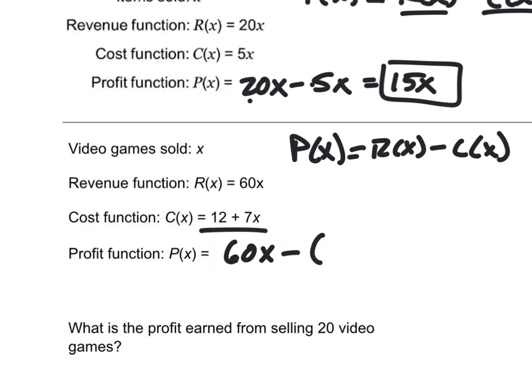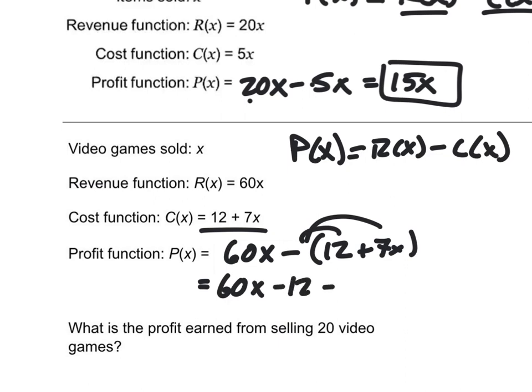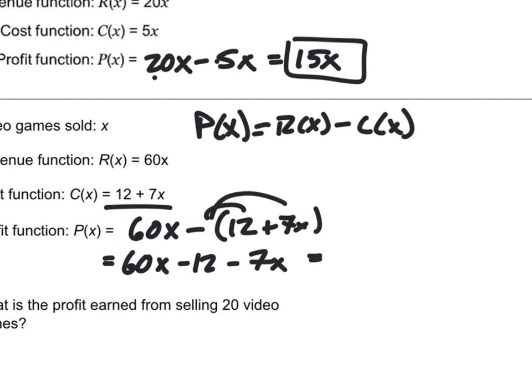Since we're subtracting a quantity, we have to keep it in parentheses. So that's 12 plus 7x. To get this new function, we have to distribute that negative, and that's going to give us 60x minus 12 minus 7x. So 60x minus 7x is 53x, so 53x minus 12.